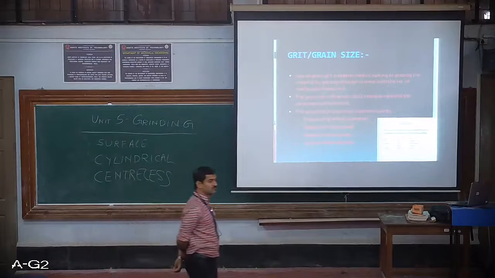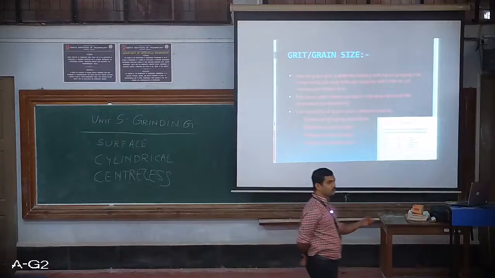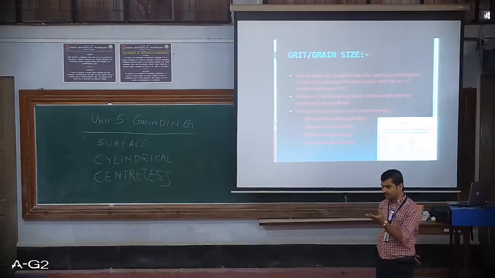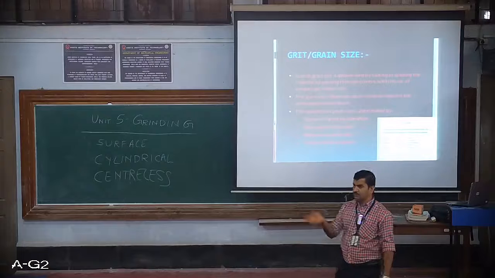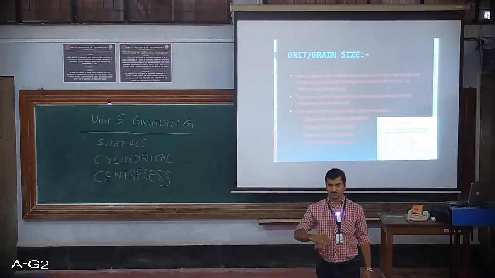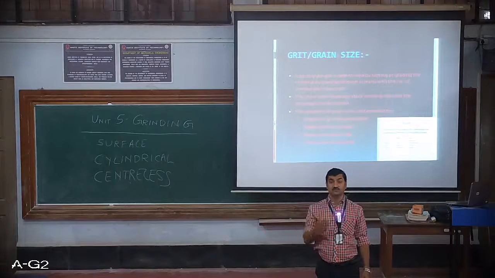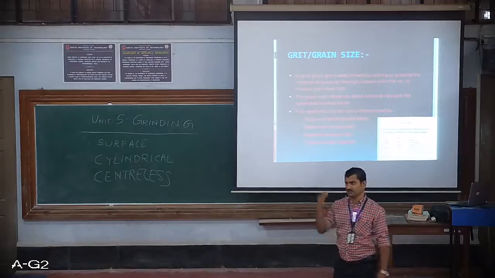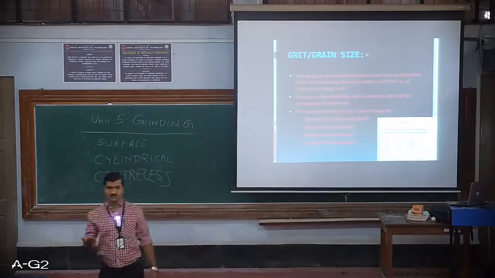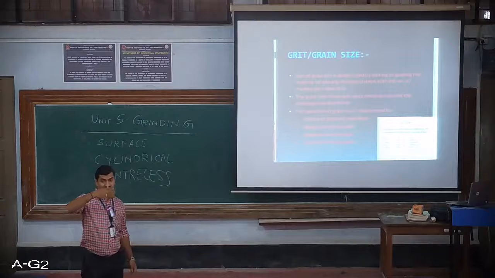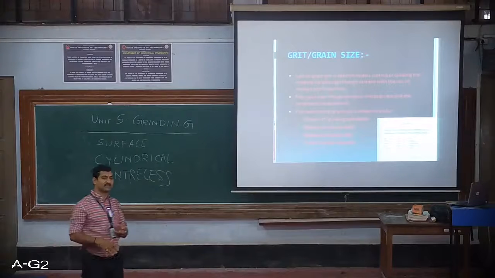That was one of the experiments in which you take a fixed weight of sand and pass it through the meshes. There are a number of sieves. Sieves are nothing but those nets in which there are pores through which the grains can pass.